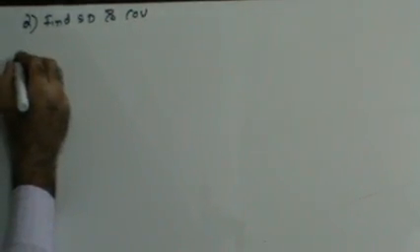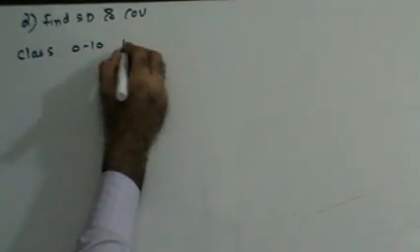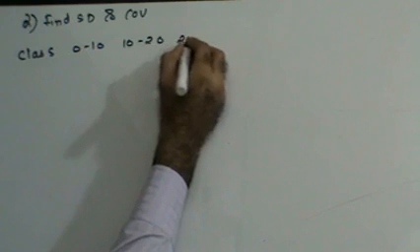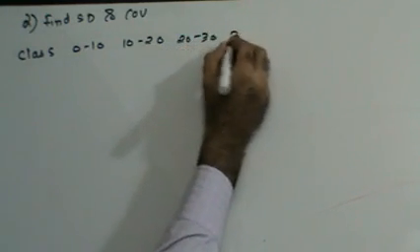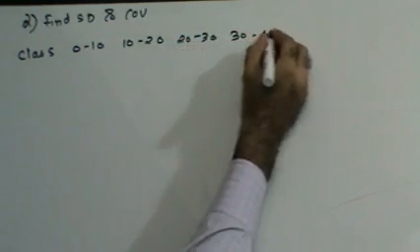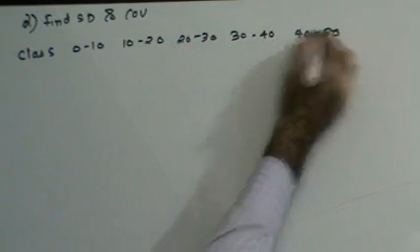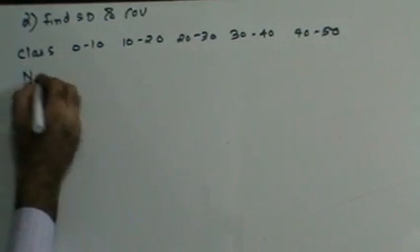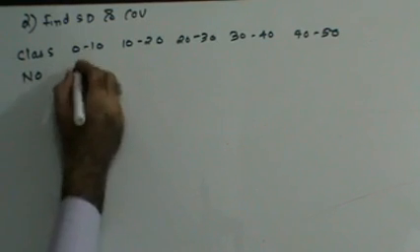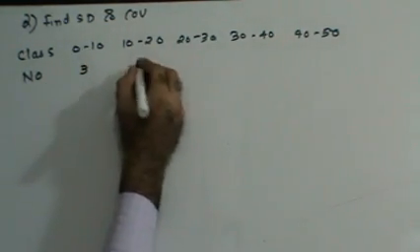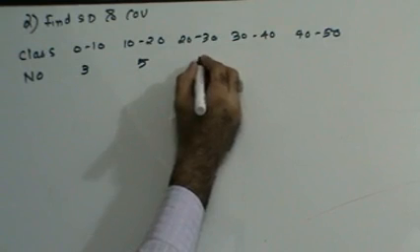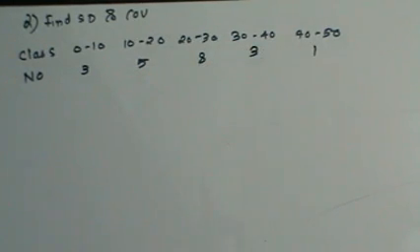The class interval is 0 to 10, 10 to 20, 20 to 30, 30 to 40, 40 to 50, and number of shops, frequency, 3, 5, 8, 3, 1.